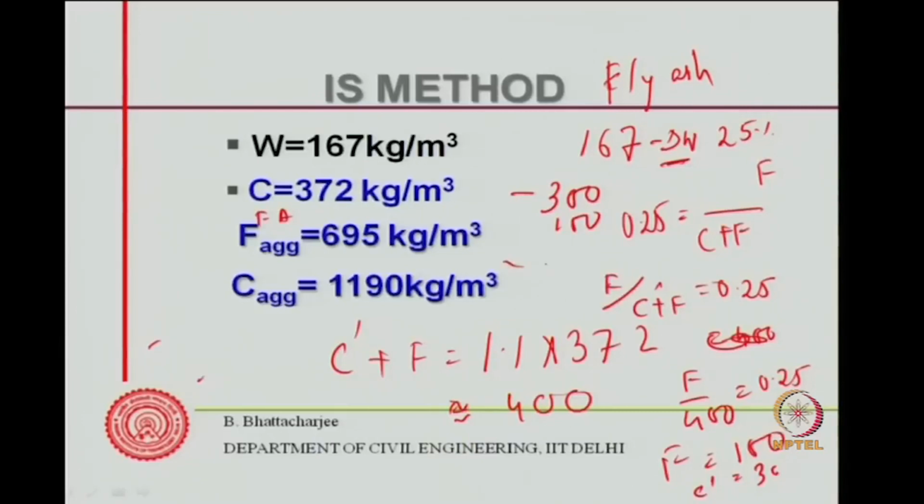In the volume equation, you will now have fly ash divided by specific gravity of fly ash as well. So fine aggregate will also reduce, because fly ash will occupy more volume, cement will occupy less volume, but fly ash plus cement together will occupy more volume, because the quantity is now 400, a 10% increase.